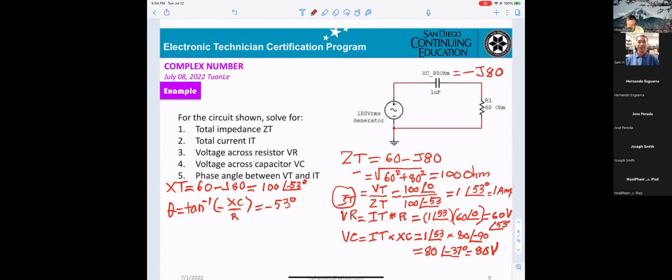However, with the minus sign, they're telling you VT will be leading.